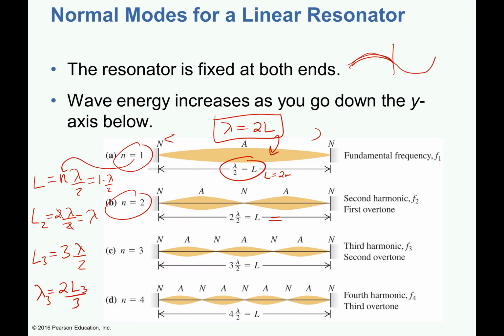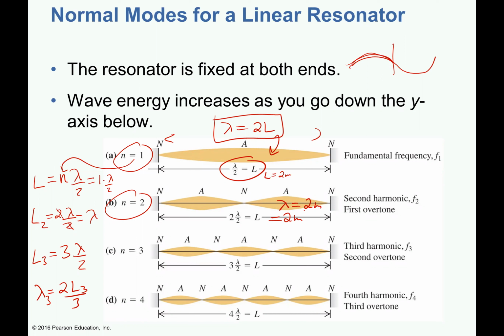For this one, if the length is 2 meters, then the wavelength is 2 meters because it equals L, and so on. What you're doing here is changing the frequency to get different shapes, but you're also changing the wavelength when you do that.